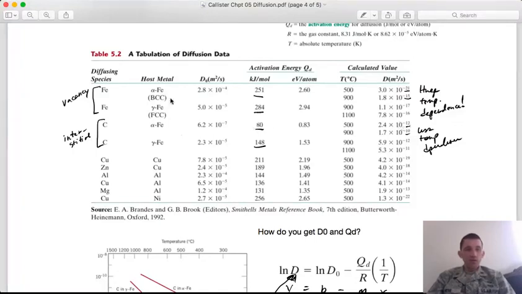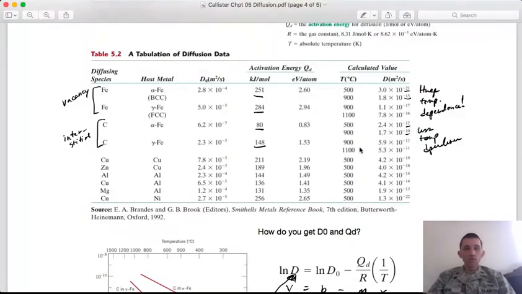The other thing here is you would have the same species in 2 different phases. So if we compare alpha iron versus gamma iron, ferrite versus austenite, that's BCC versus FCC crystal structure. Think back to the crystal lesson. What's the atomic packing factor of FCC? 0.74. And the atomic packing factor of BCC is 0.68. So in FCC, the atoms are packed in a lot more closely. There's less empty space in the crystal structure.